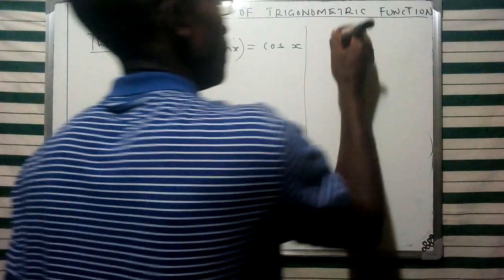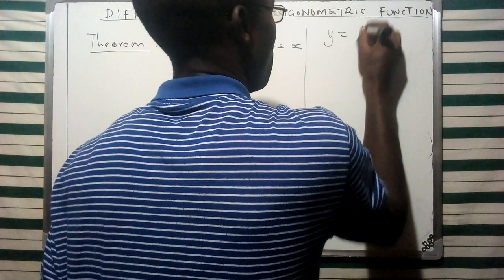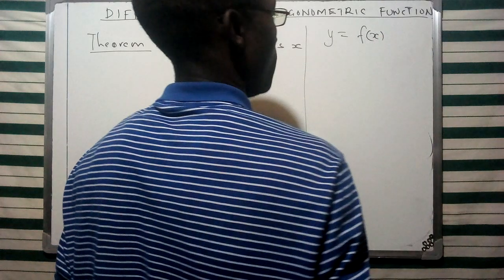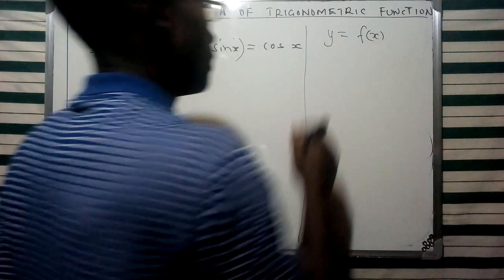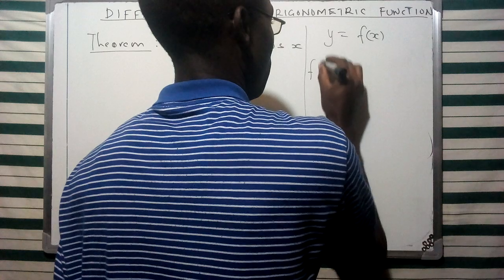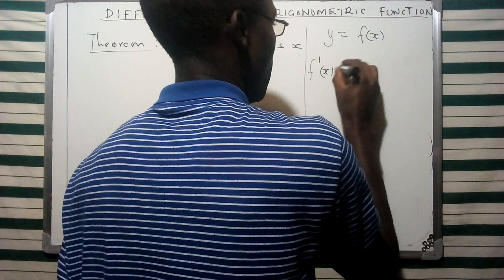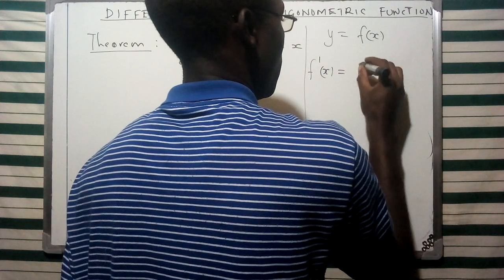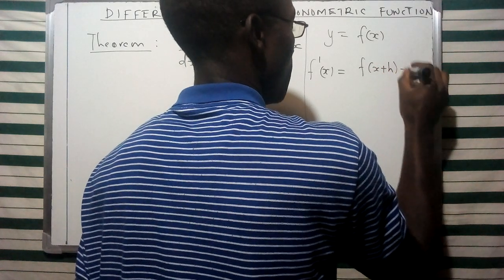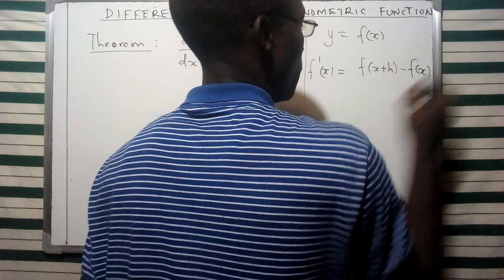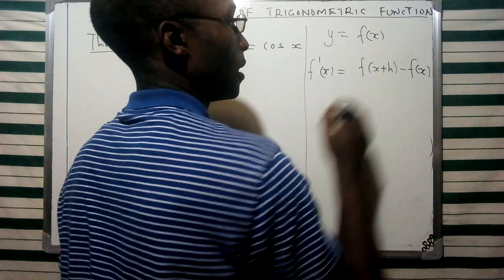I said that if we have a function y represented as the function f of x, we can find the derivative of that function, or represent it using the notation f prime of x, which is given as f of x plus h minus f of x, where h represents a small increment in x.